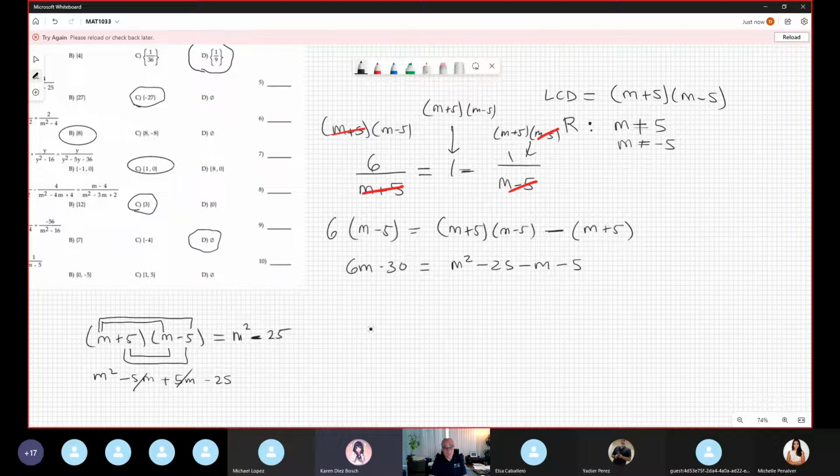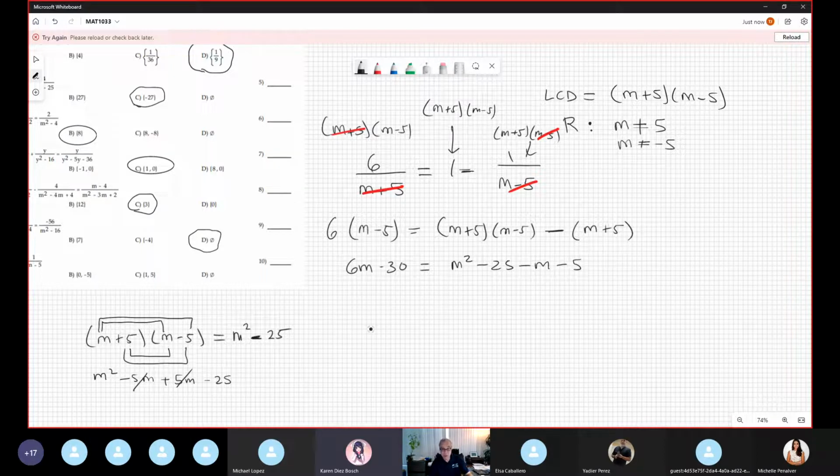So this equation looks like a quadratic equation. To solve a quadratic equation, I need to express it in standard form. What does standard mean? Standard is when you move everything to one side, the other side is 0, and you organize the equation in descending order of the degree: degree 2, degree 1, degree 0.